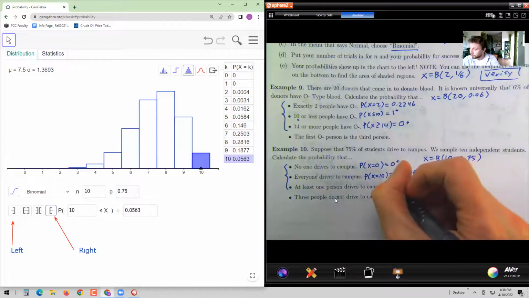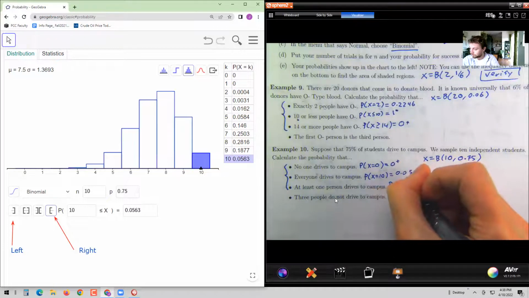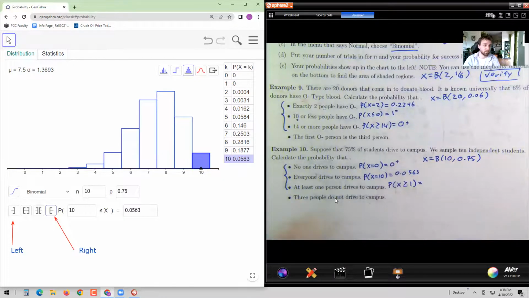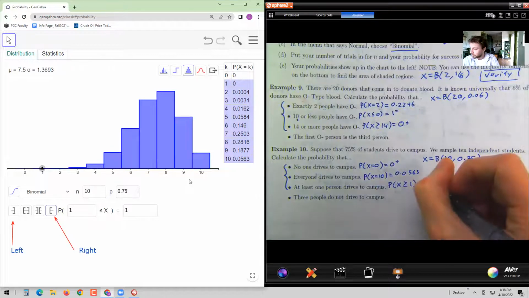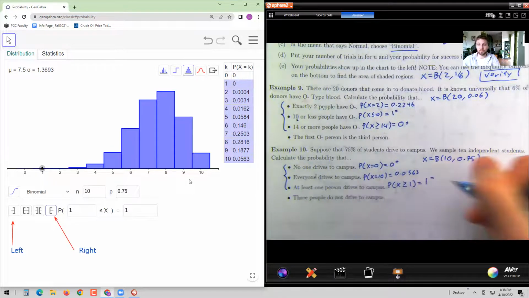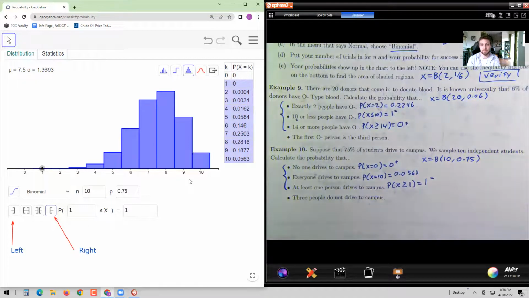At least 1 means 1 or more. So I'm going to shade to the right, make sure I'm highlighting all the blocks for 1 and bigger. GeoGebra says this is almost 100% when you add these numbers together. So it's going to be just a tiny bit less than 100%. It's going to be like 0.99999, pretty close to 1.